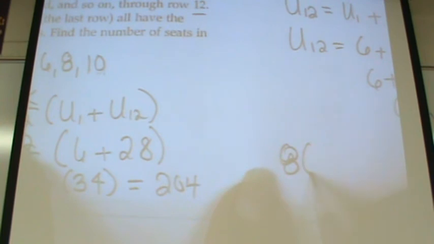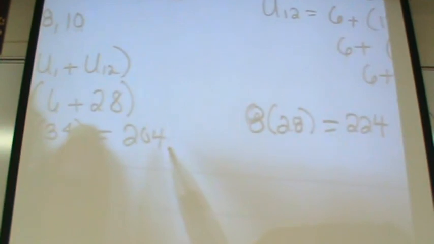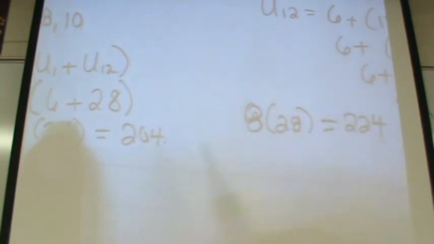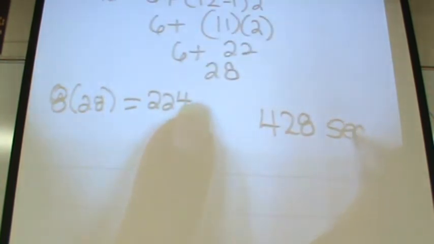There's 8 rows left over, times there's 28 seats in each of those rows, and that's a total of 224. So now how many total seats? You're going to add these two numbers. This is the number of seats from row 1 to 12, and this is from 12 to 20. If you add these two up, you should get 428. There's 428 total seats.